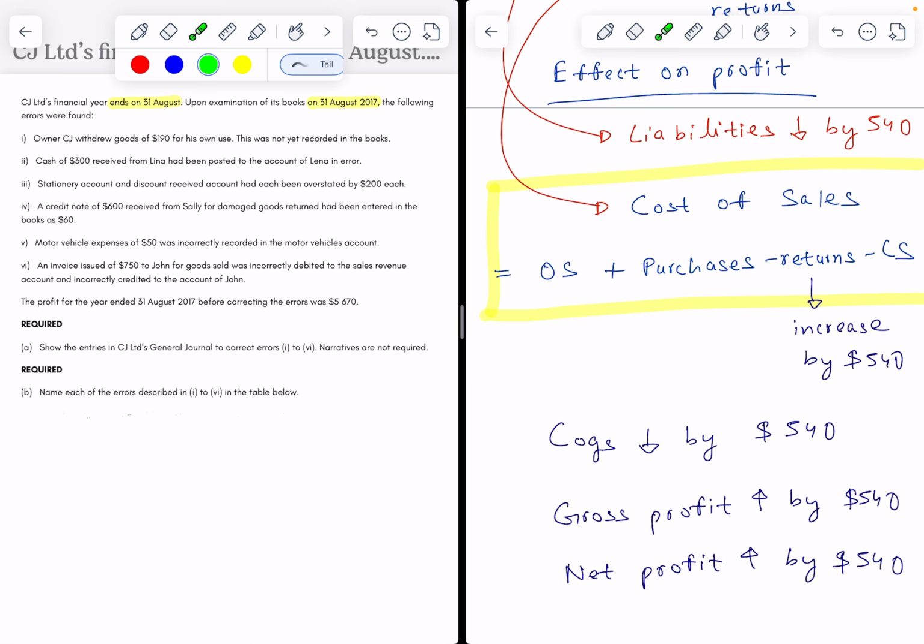And if gross profit increases by 540, net profit must increase by 540 because gross profit and net profit are directly related to each other, right? Because to find the net profit or the profit for the year, we subtract all the other expenses from the gross profit. So if gross profit goes up by 540, then net profit must go up by 540, all right? Now let's look into the fifth error.